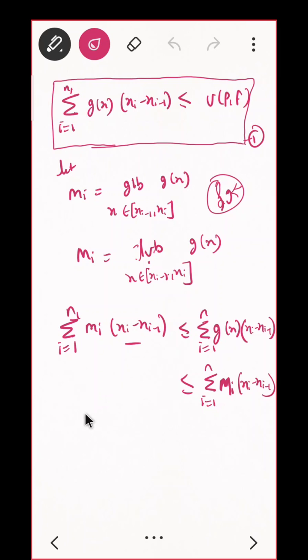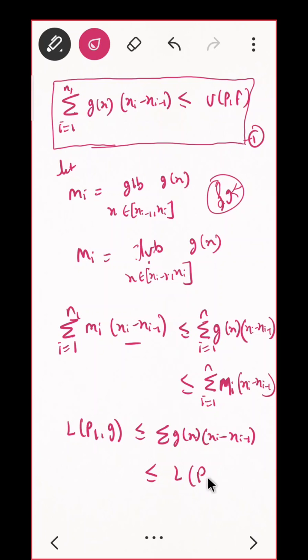Can you see that this is actually LP1 comma g, and that is less than or equal to the summation of g of x into xi minus xi−1, and that is less than or equal to, what is this, LP1, sorry, no, this will be UP1.